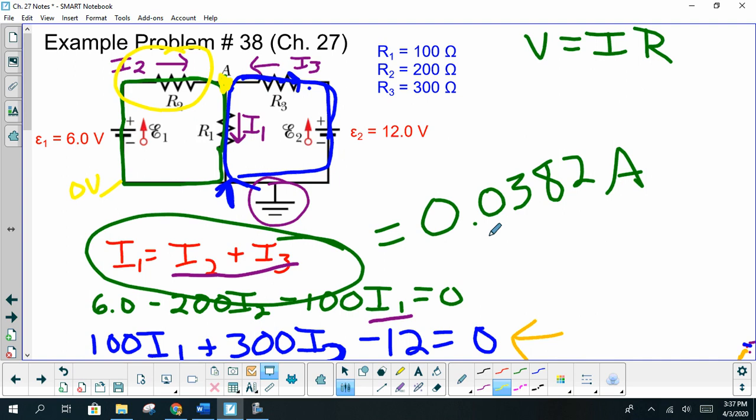Then if we want to know our potential at this point, we would just take 6 minus 2.18, and you will get 3.82 volts. So the potential at point A is 3.82 volts. Again, because this is 0, I added this, and then I subtracted the potential difference across that point right there.